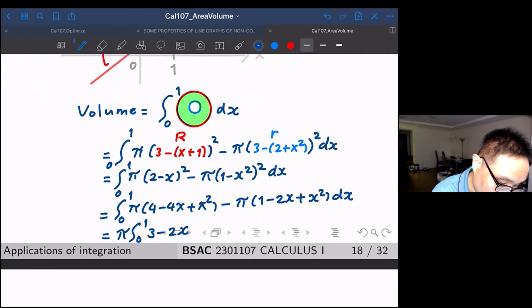Sorry, it's not x squared, I made a mistake, it's going to be x to the fourth.